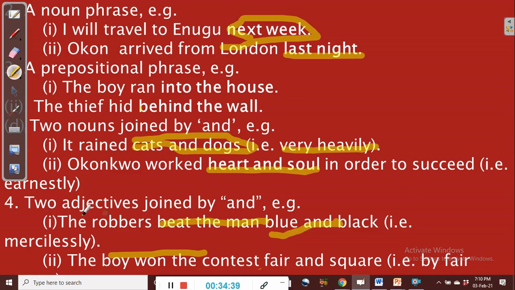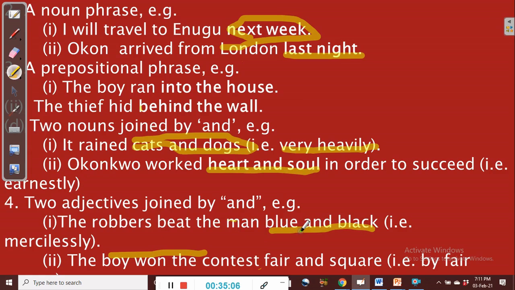Then the next one, two adjectives joined by and. The robbers beat the man blue and black. Alright, let's see the exact words quite clearly here. So blue and black is also the adverbial phrase here, and it has some idiomatic coloring, but the meaning is mercilessly.